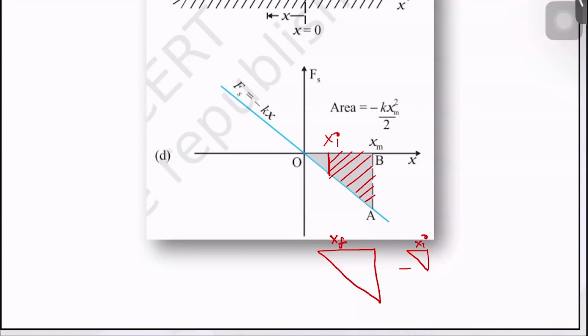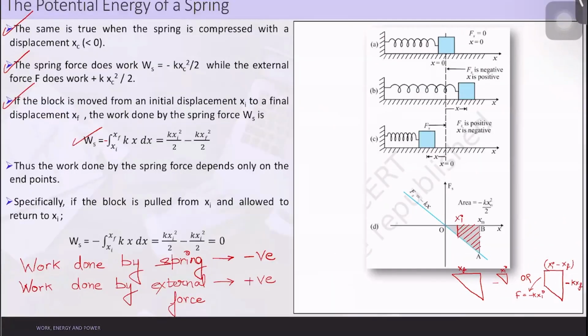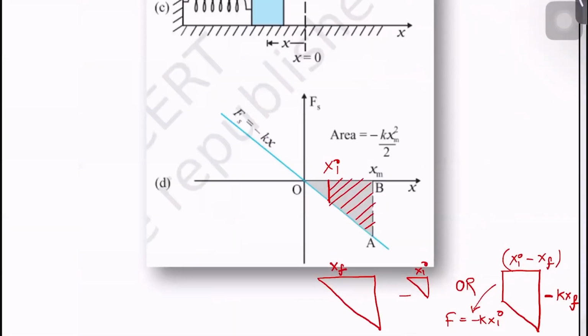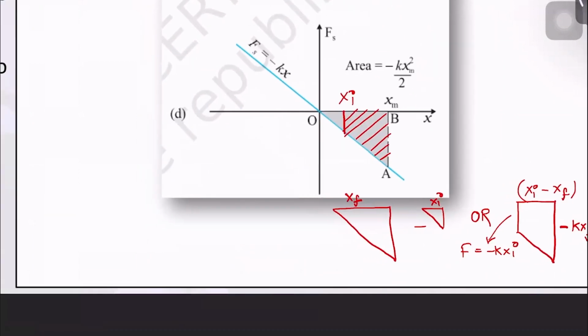Or you can just directly find the value of this trapezium, correct? You know that the force acting at this location is F equal to minus k into xi, and here it's minus k into xf, and here it is xf minus xi. Correct? So even if you calculate the answer from this, you will get the same result.